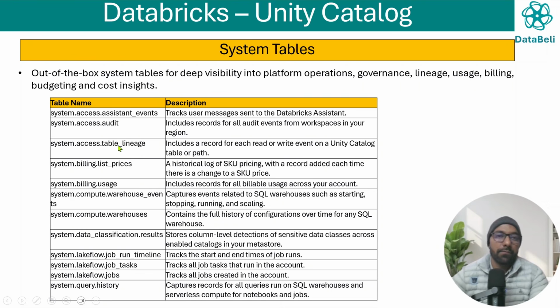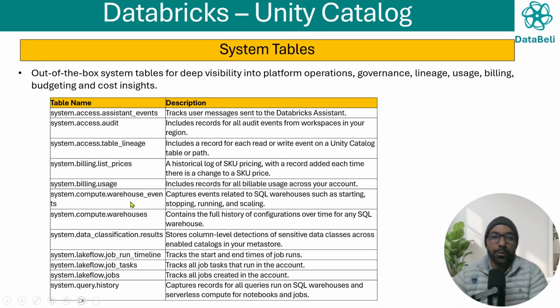Let's say we have assistant events. Whatever operation we do with the Databricks Assistant, it tracks that. Whatever other accesses are being done within the workspace, this table tracks that. Table lineage is available here. Whatever cluster or job is running, the usage and pricing is tracked for that.